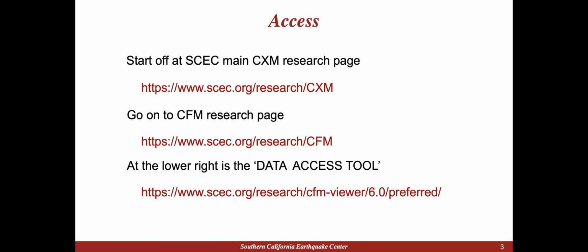First, the easiest way to get to the correct CFM web viewer is to go through the official research CXM page, and then find the CFM page. In it, there's a button called Data Access Tool that will point you to the latest version. So far, this is our second release. The earlier release is CFM 5.3, and now we are at 6.0. So this would be the most up-to-date official one.